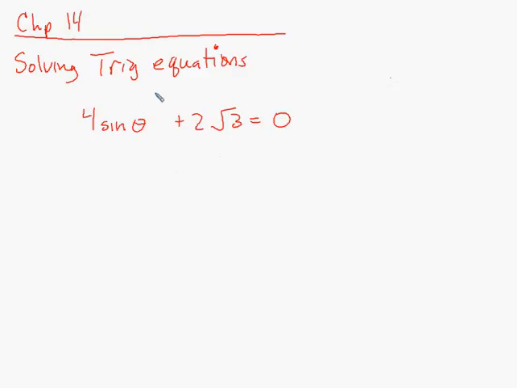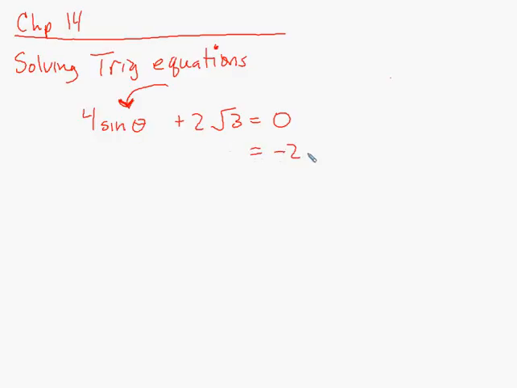In each trig equation, our goal is to isolate whatever the trig is and then solve. Okay, so if I have squares in the mix, that's going to tell you that you're going to probably have to do some factoring. If I have more than one trig thing, that tells you also that there's going to be factoring. Alright, so I don't have more than one trig thing, so there's not factoring. What do you think we should do first?